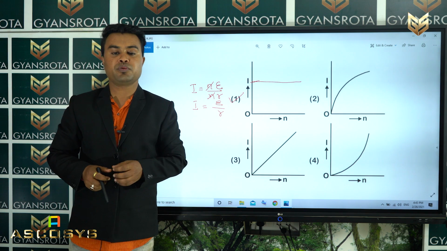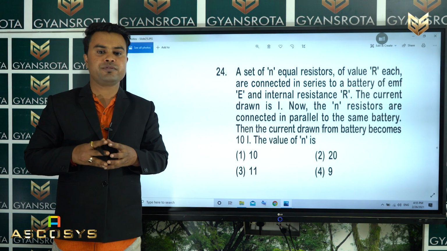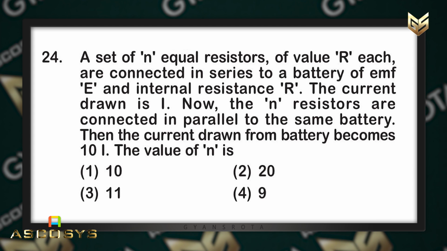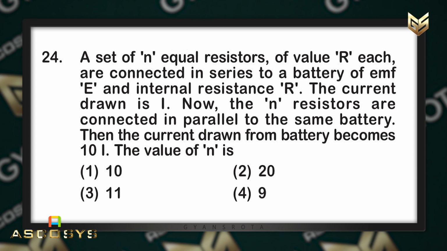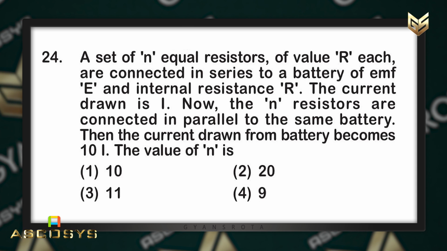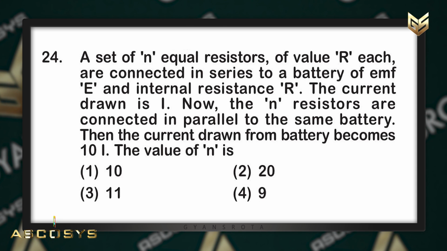Right? Now, let us move to the next question. Question number 24 says a set of n equal resistors of value R each are connected in series to a battery of EMF E and internal resistance capital R. The current drawn is I. Now, the n resistors are connected in parallel to the same battery. Then the current drawn from the battery becomes 10 I. The value of n is?